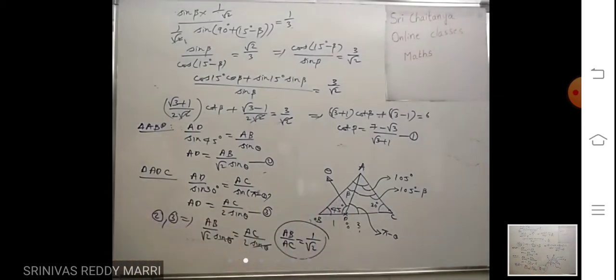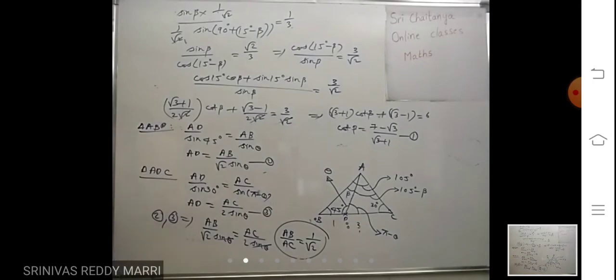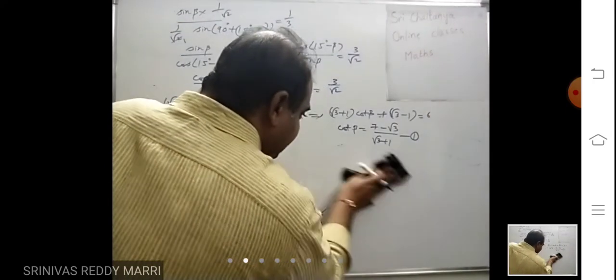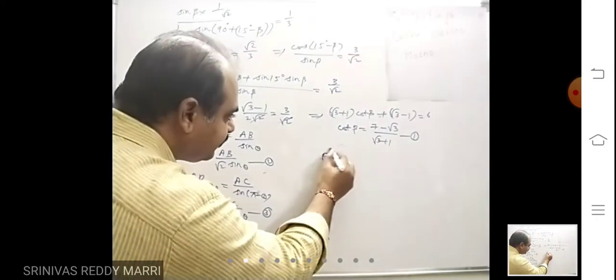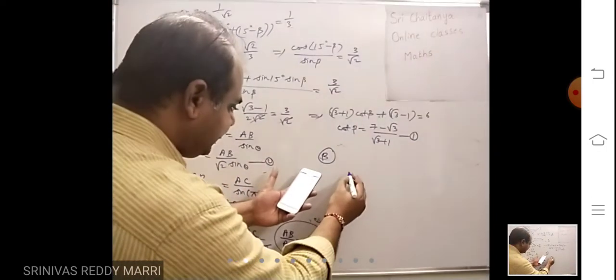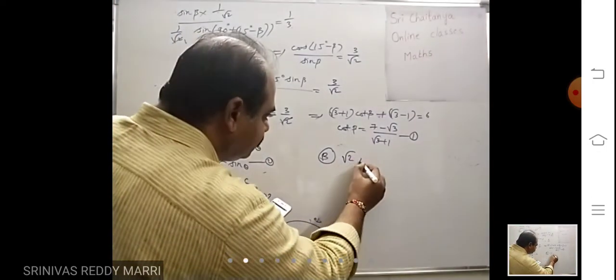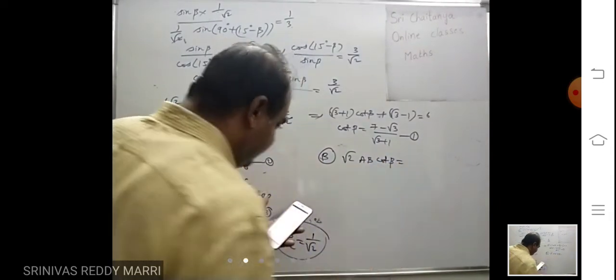Now I am taking what he has given in the options. Look at what he has given in the options. I got AB by AC equal to 1 by root 2. That only indirectly he has given. If you take option B, that is nothing but secant pi by 4, which means root 2, into AB into cot beta.